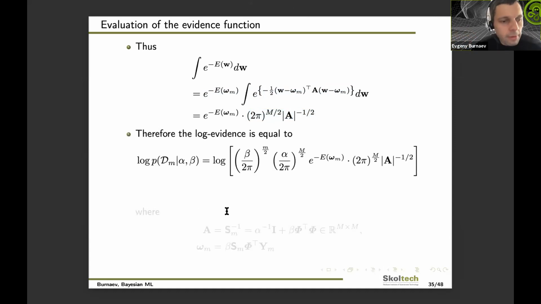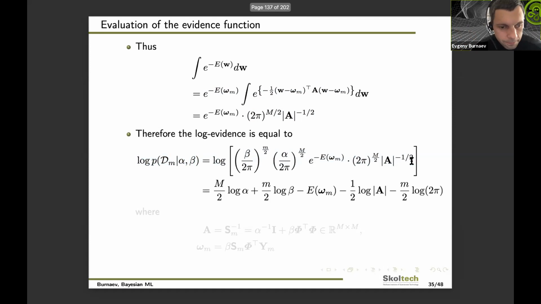And therefore, this term is called evidence. This is the evidence of the sample when I integrate out the unknown parameters with respect to the prior distribution. Log evidence here is equal to the logarithm of this big expression.